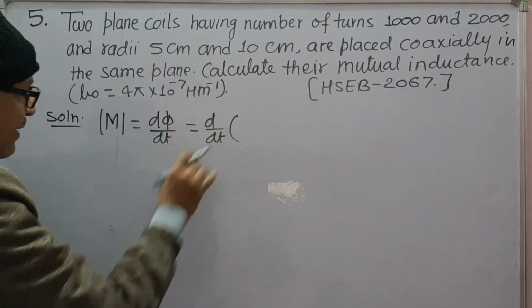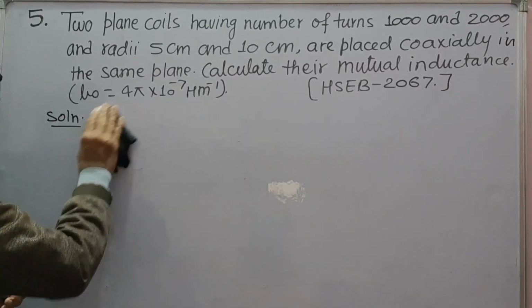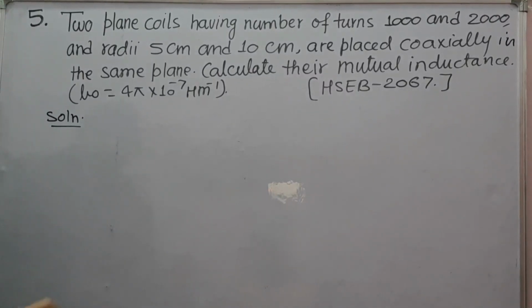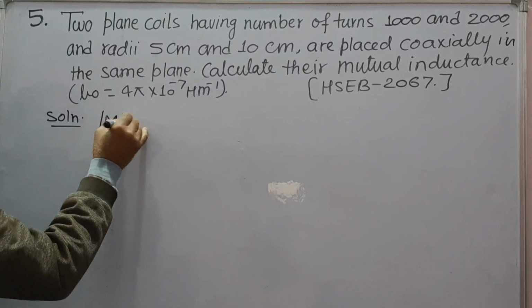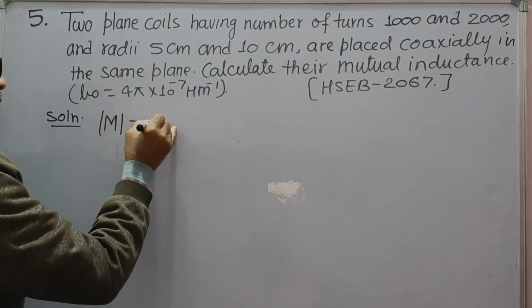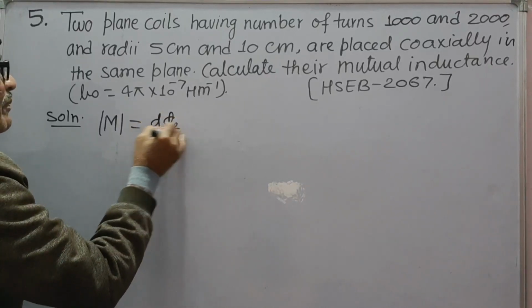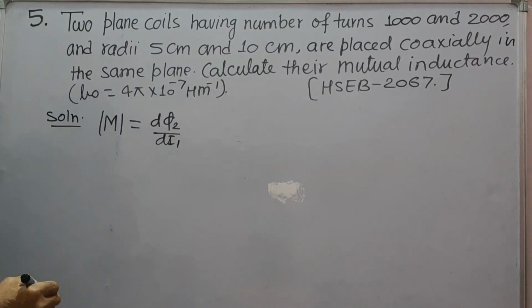Mutual inductance may be given by the relation, its magnitude d phi 2 upon d I1, meaning the ratio of the rate of change of magnetic flux in the secondary coil to the change of current in the primary coil.